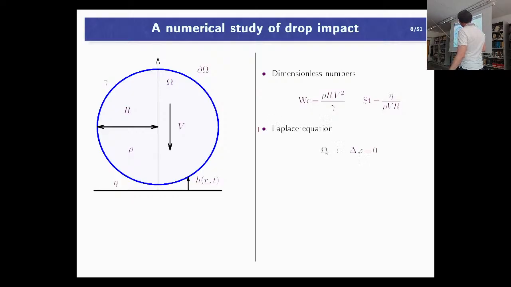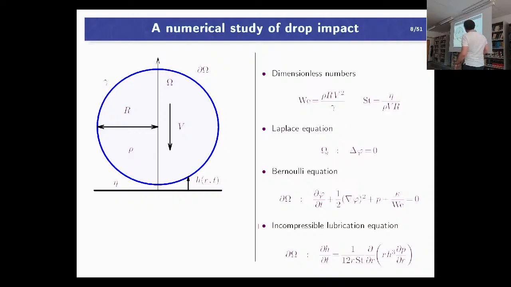If you neglect the viscosity effects inside the drop, you have to solve the Laplace equation for the velocity potential and the Bernoulli equation on the surface of the drop. This is the main difficult task in this kind of code, because it's 3D, so you have to solve Laplacian of phi equals 0 knowing the boundary conditions.